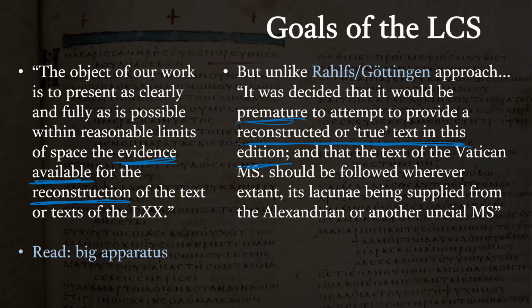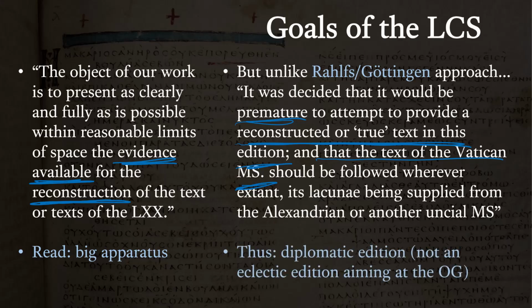In other words, they are not striving to give an eclectic text that they think approximates the Old Greek. Therefore, the text of the Vatican manuscript, Codex Vaticanus, should be followed wherever extant. So it's going to include portions like in Genesis where we don't have Vaticanus, and in those situations, the lacuna is being supplied from the Alexandrian or other uncial manuscripts.